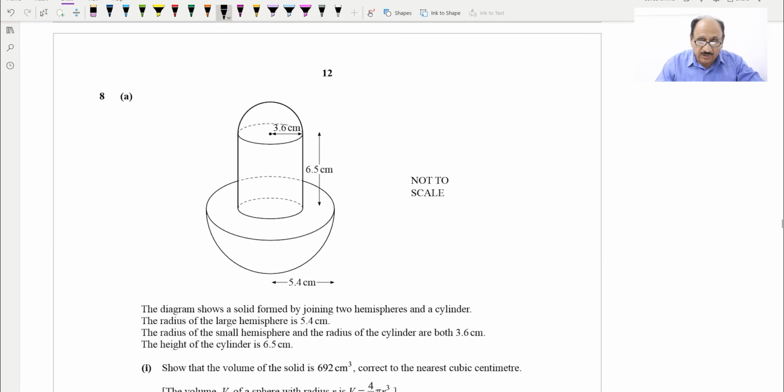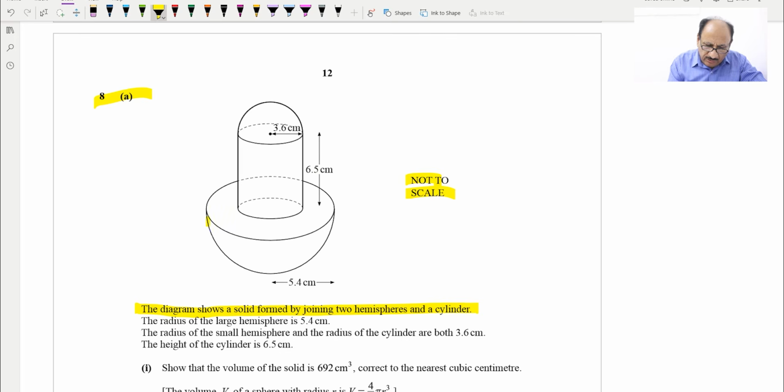Now question number 8. Part 8a says the diagram is not to scale. It's a compound shape. The diagram shows a solid formed by joining two hemispheres.